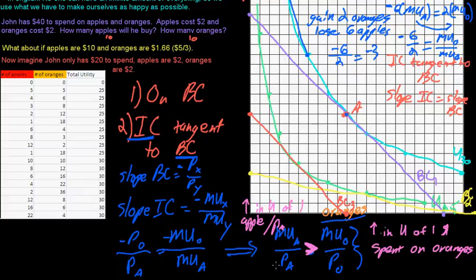You'd buy more apples and you'd buy fewer oranges, and vice versa. If the marginal utility of oranges per dollar spent was greater than the marginal utility of apples per dollar spent, then you'd buy more oranges and fewer apples, and you'd keep balancing this back and forth until you got to where they are exactly equal.